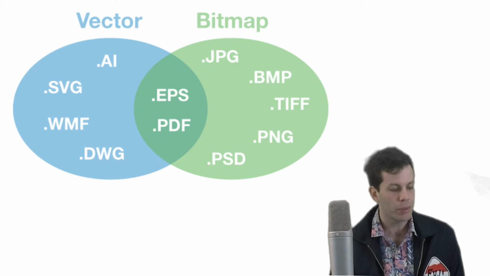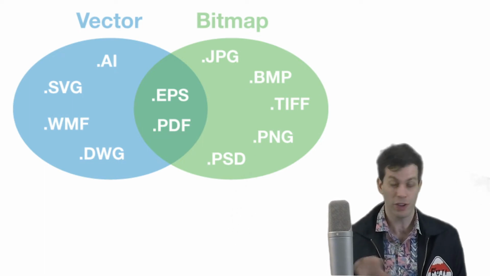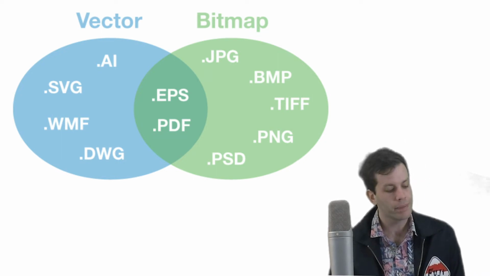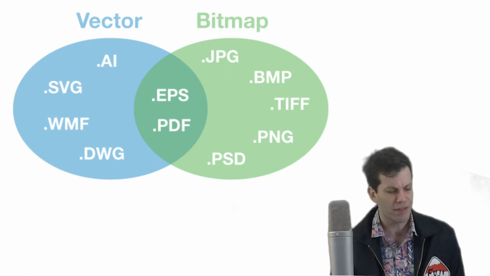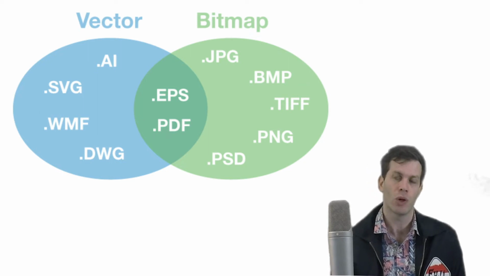Common vector formats: we've got Adobe Illustrator files, AIs, and SVGs, which is a scalable vector graphic. That's what we were talking about with SVG fonts. They are vectors, but they've got a whole lot more detail in them. SVGs are really the main ones. There's also DXF, which is a cutting file for AutoCAD. That's what you use in our laser cutter.